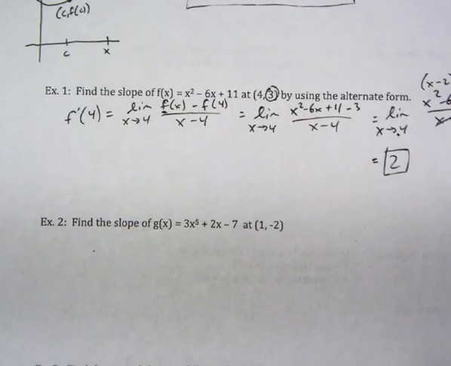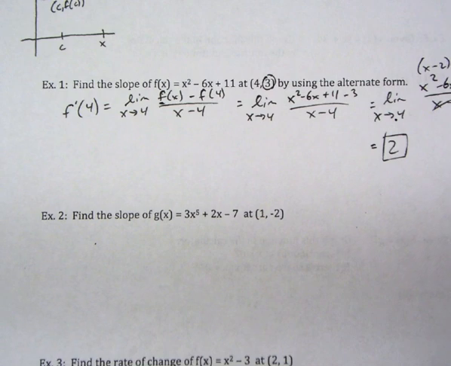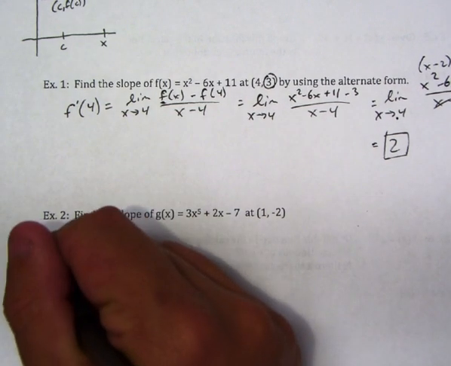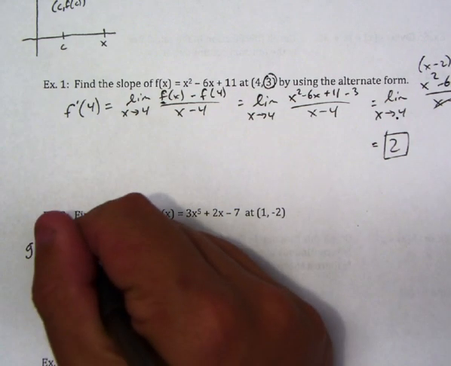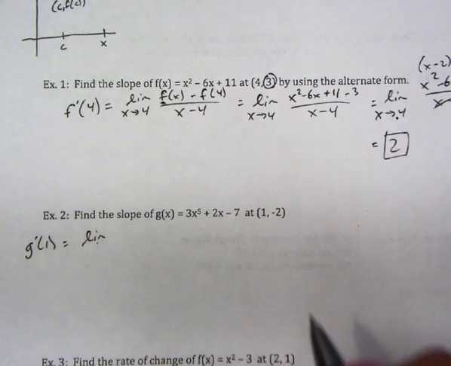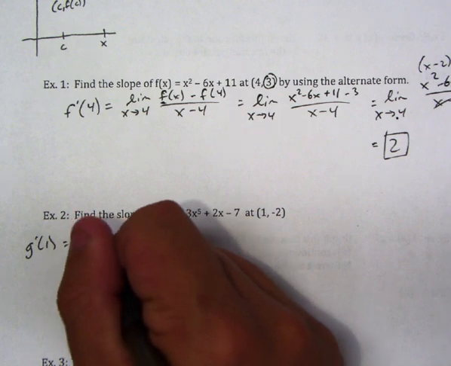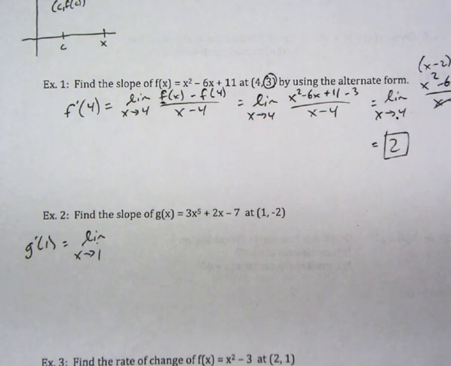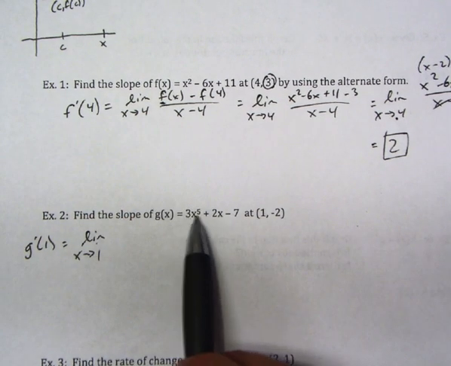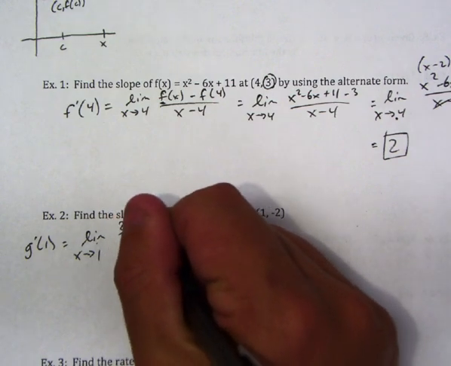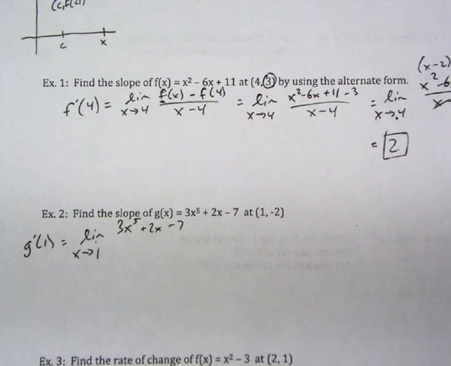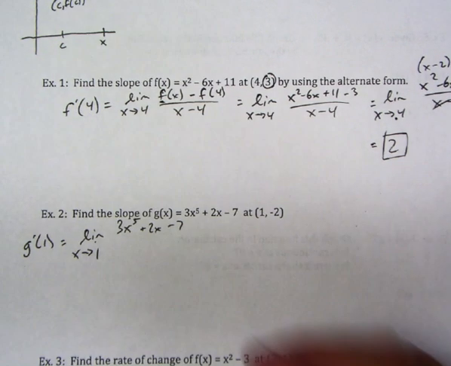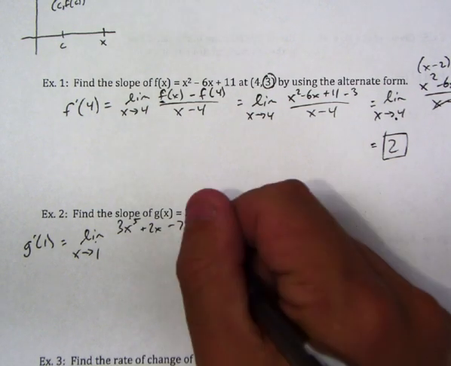Find the slope of g at (1, negative 2). All right, so let's do it. So we're looking for g prime of 1, the slope of the tangent line at 1. So we're going to take the limit as x approaches 1 of g of x, so this first function, 3x to the 5th plus 2x minus 7, so that's g of x, and then minus g of 1, so minus negative 2, so plus 2.